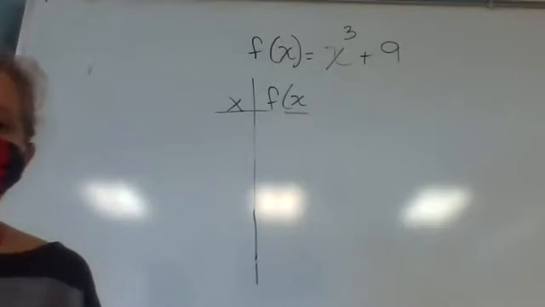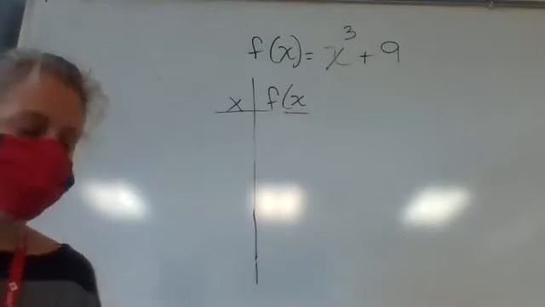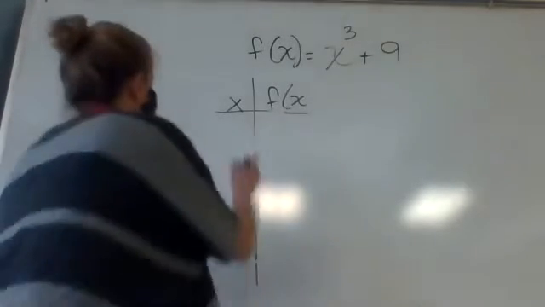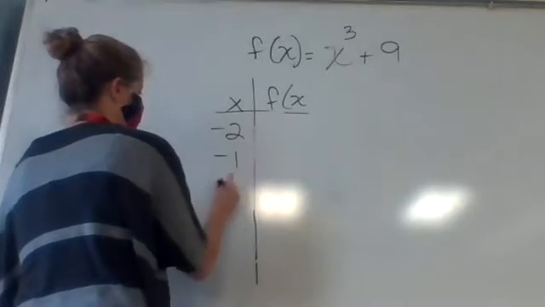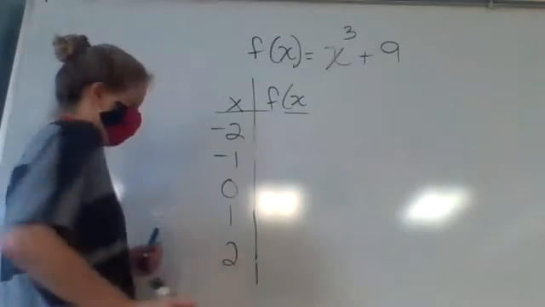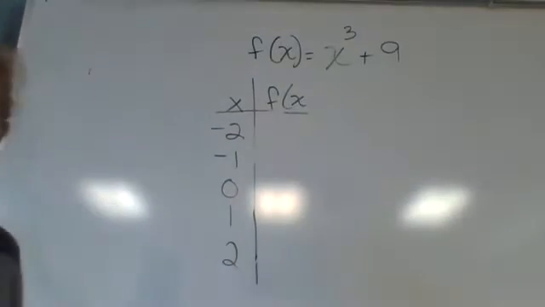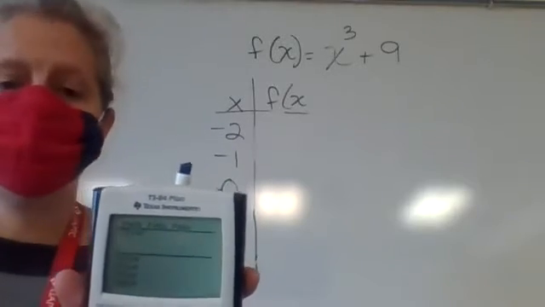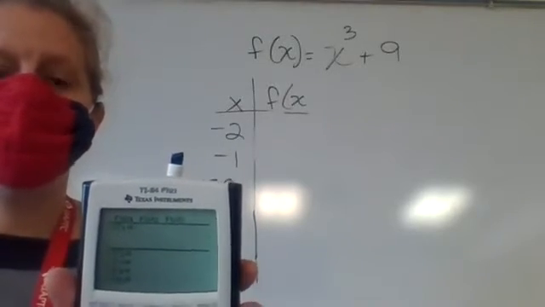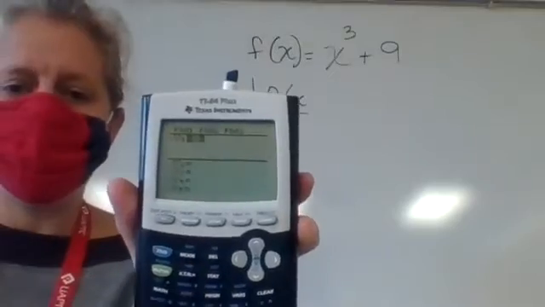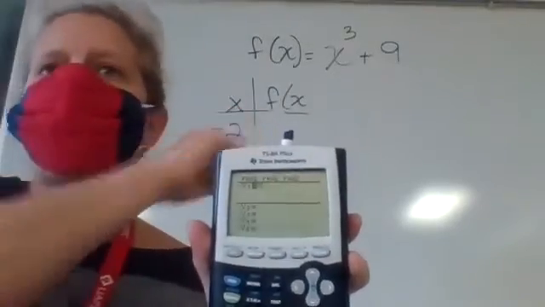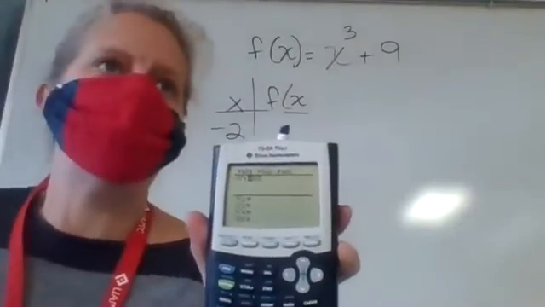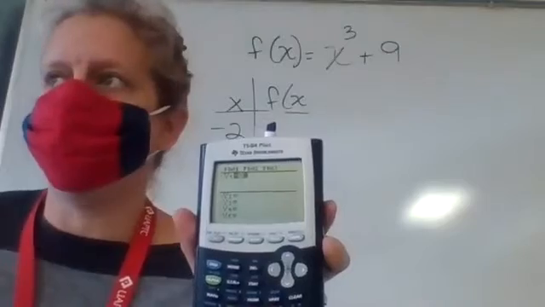So again, oh, I keep forgetting to look. Same numbers, I'm assuming: -2, -1, 0, 1, 2. So again, back to y equals, clear it out. Hit my x button. Now, x to the third power, that third power doesn't have its own button like the squared does.